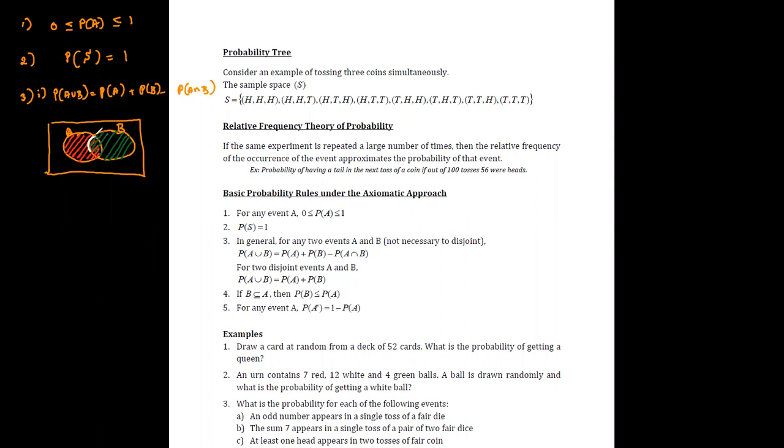In this part both colors are used. That is why one part of them has to be reduced. That is why we have the subtraction of the probability of A intersect B.